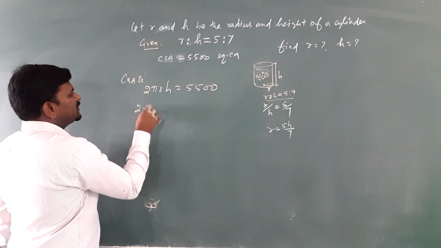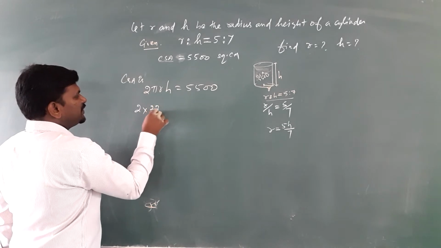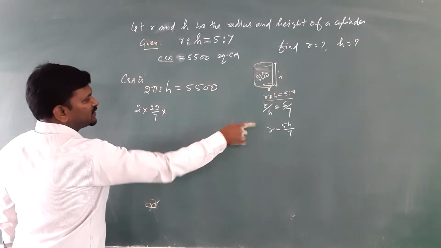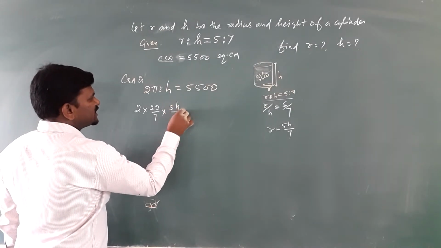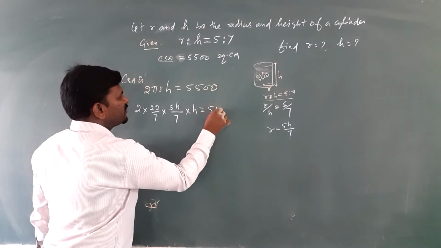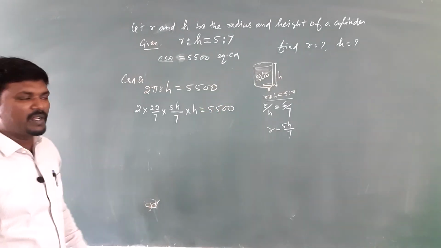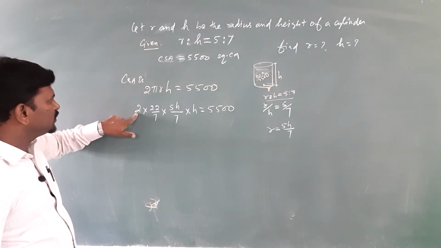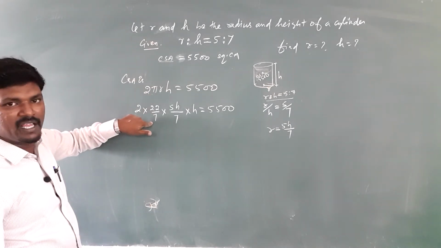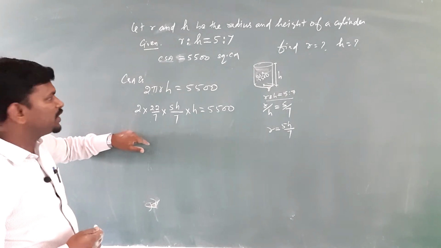2 into pi value 22 by 7 into R, which is 5H by 7, into H is equal to 5500. Do you understand? 2 pi, value 22 by 7. Mostly in this chapter we will use 22 by 7.